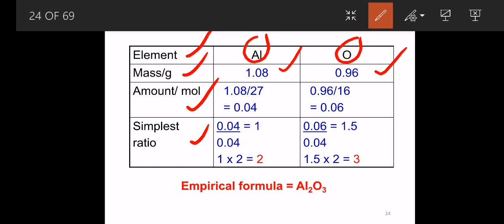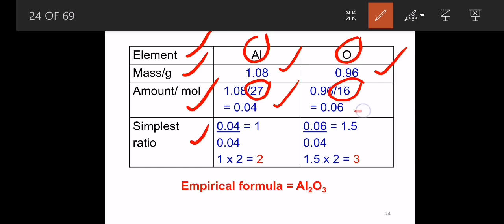From this, calculate the mole. The Ar for aluminium is 27. You can find it in the table of relative atomic mass. So you calculate, and you get 0.04 mole of aluminium. And for oxygen, the Ar is 16, so just divide 0.96 by 16.